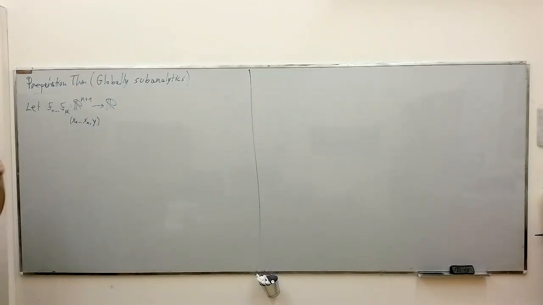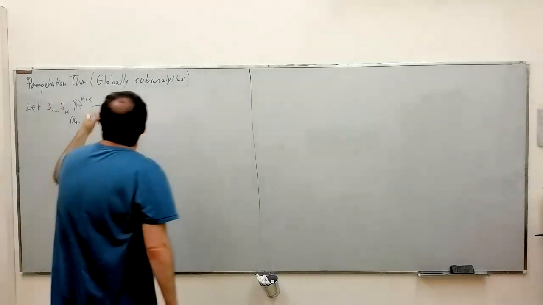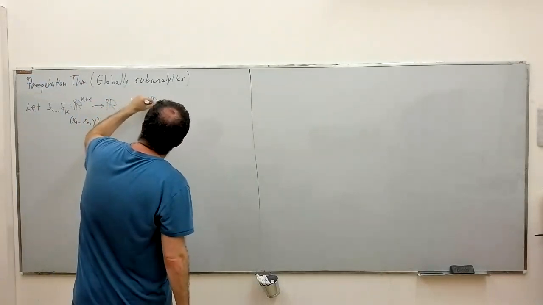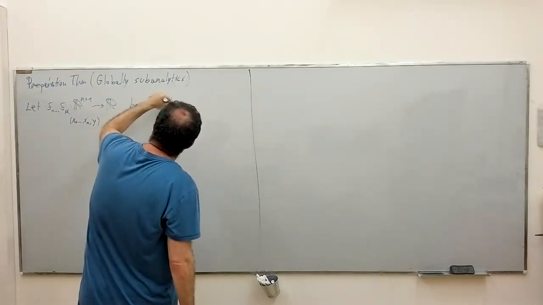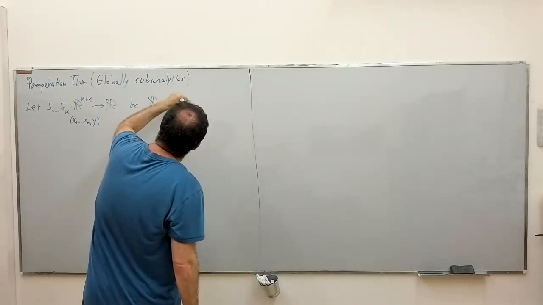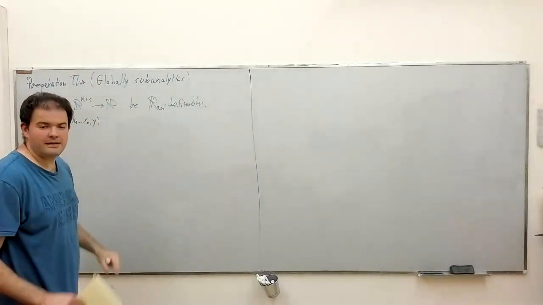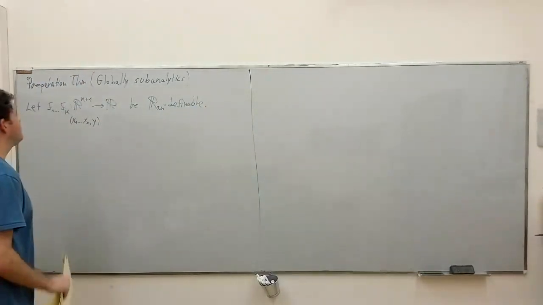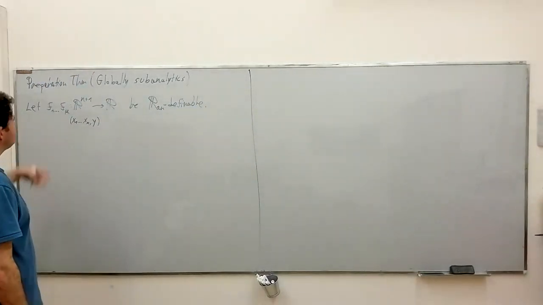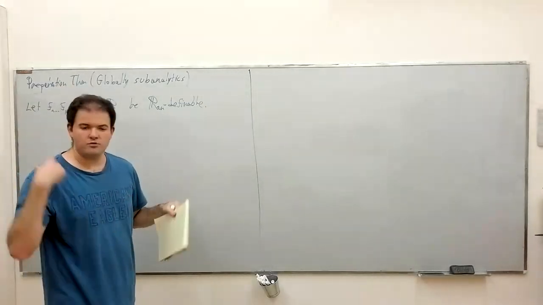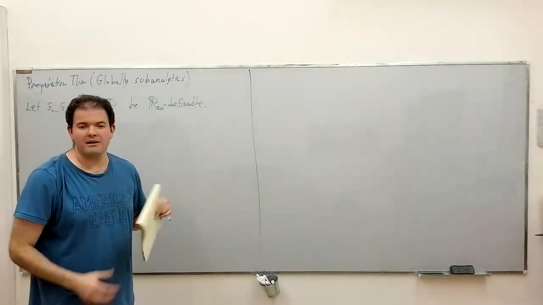We'll take them to be R sub n definable, so these are globally subanalytic functions. The theorem is about preparing them, which kind of means writing them in a monomial form.